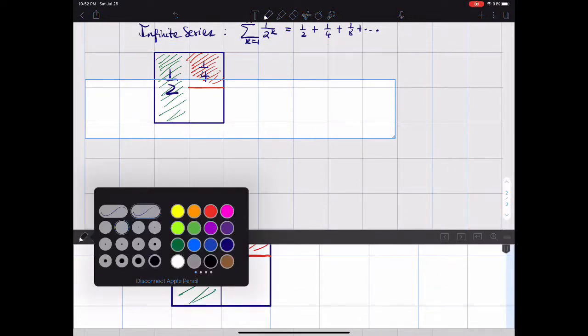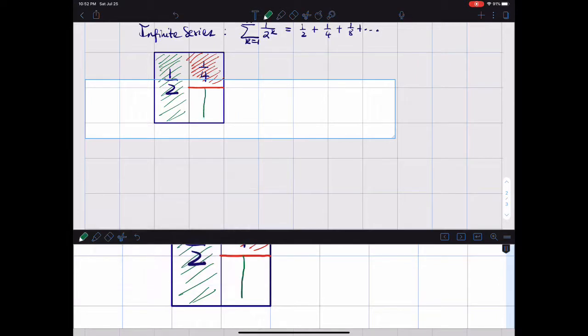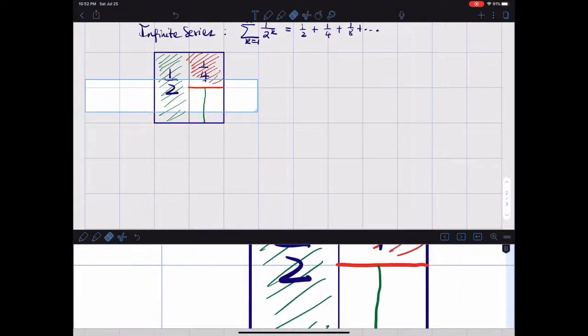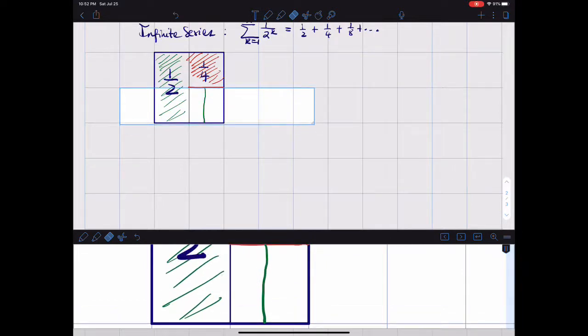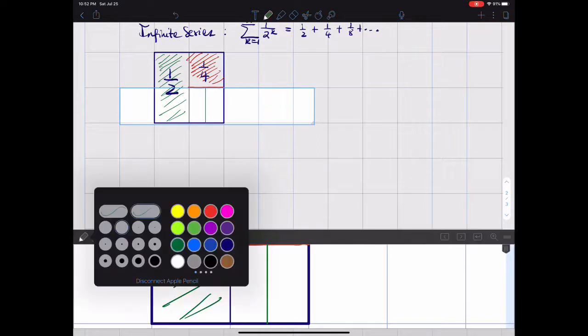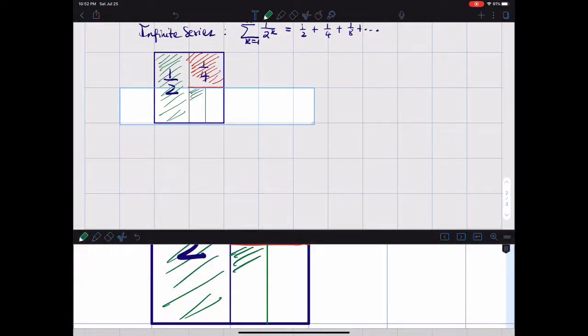I'm going to add 1/8 to it. So this is 1/8.